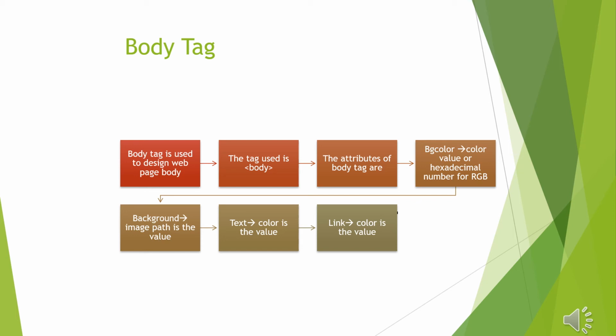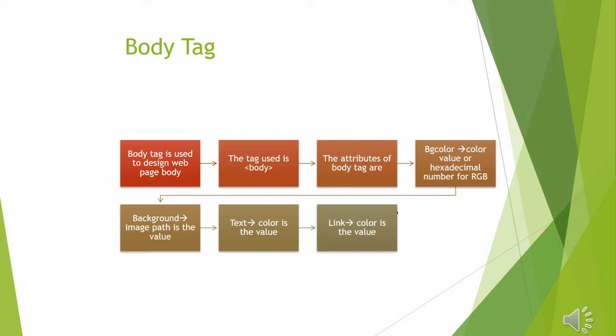For example, if you want to give red color as the background, you are going to use the RGB hexadecimal combination of numbers for BGCOLOR. As I told, to give red color, it has to be in terms of RGB. R, you want only R here. So BGCOLOR equal to #FF0000.